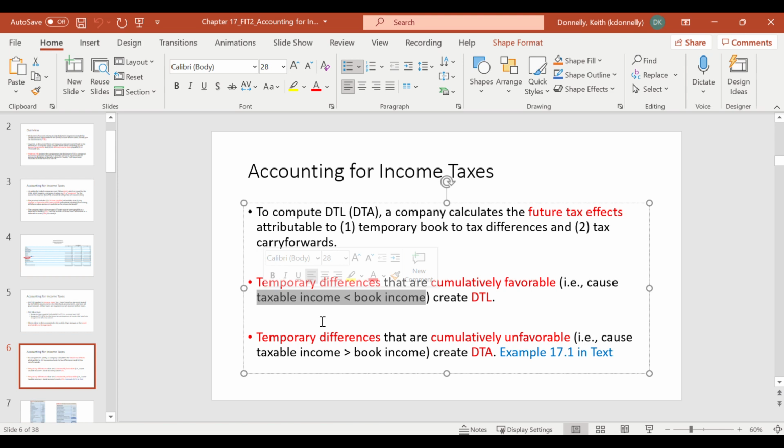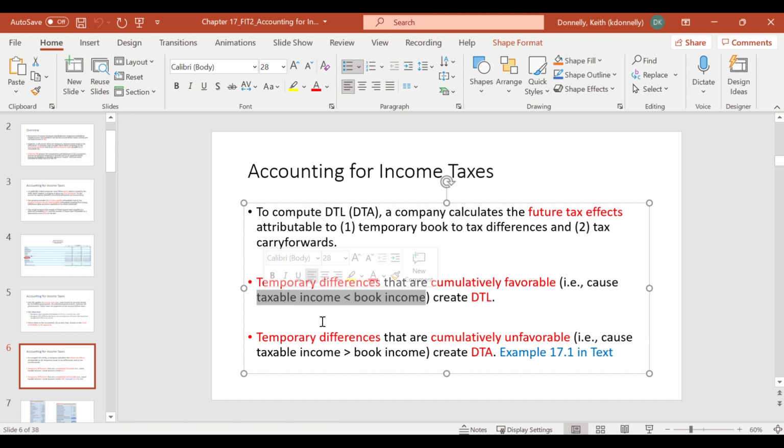In future years, as this reverses, that is to say we get the 10, 10, 10, 10 on our books for the yearly depreciation expense, and in those years we get 0, 0, 0 on the tax return because we've already expensed it, we're going to have a deferred tax liability on our balance sheet. In other words, we're going to recognize this future frowny face every year where we get a deduction on books that we don't get on our tax return. We're going to recognize that on the balance sheet as a liability.